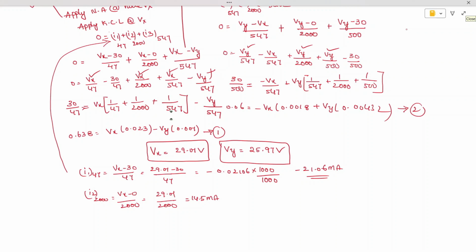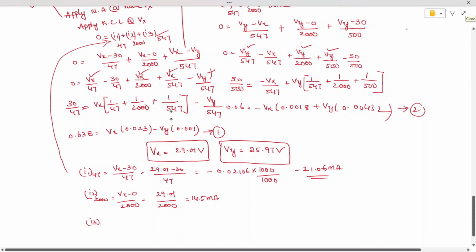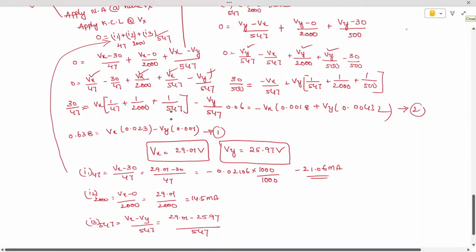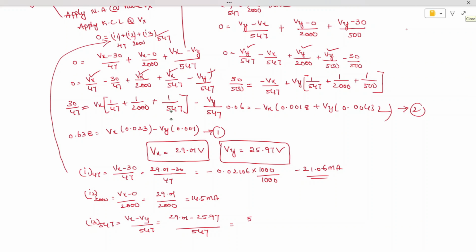And similarly, the current at 547: current I3 across the 547 ohm resistance is equal to Vx minus Vy divided by 547. What is the value of Vx? 29.01 minus 25.97 divided by 547. When you do it, you are going to get 5.5 milliamperes. Okay, so successfully we found the currents.